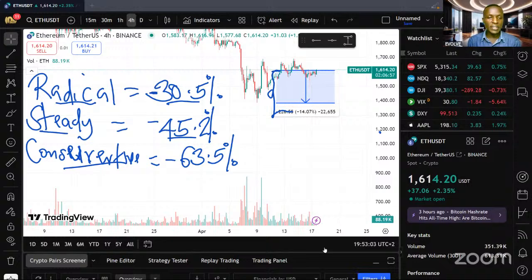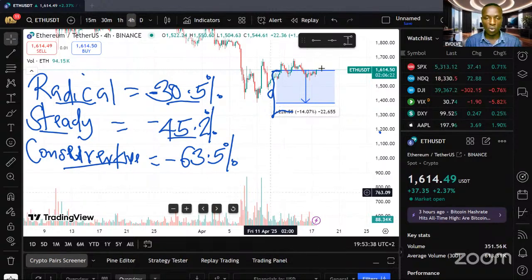Looking at this coin from the back check we have done together, what is the best risk profile to use? Radical. The best risk profile to use is radical.